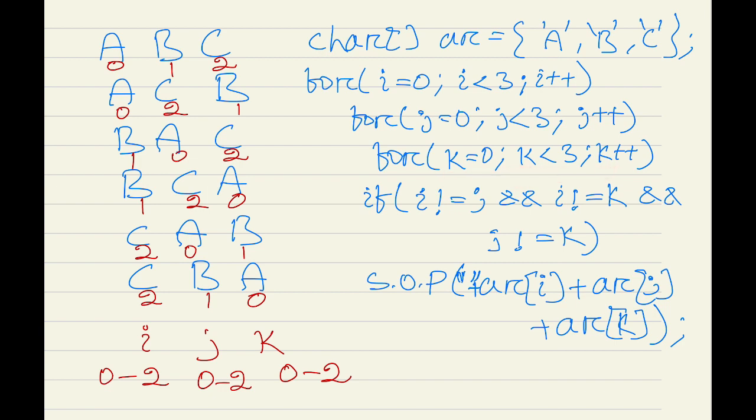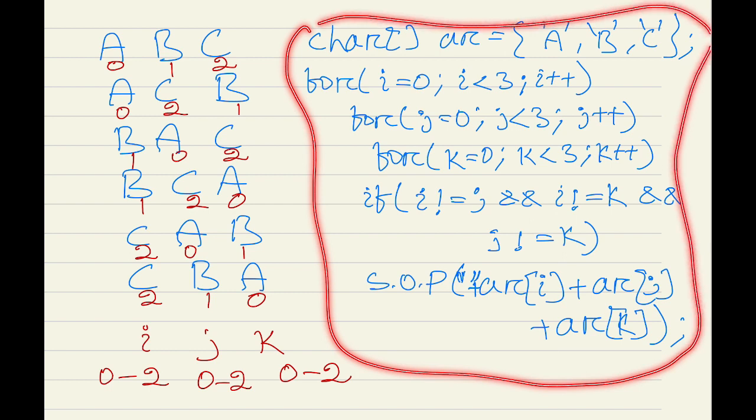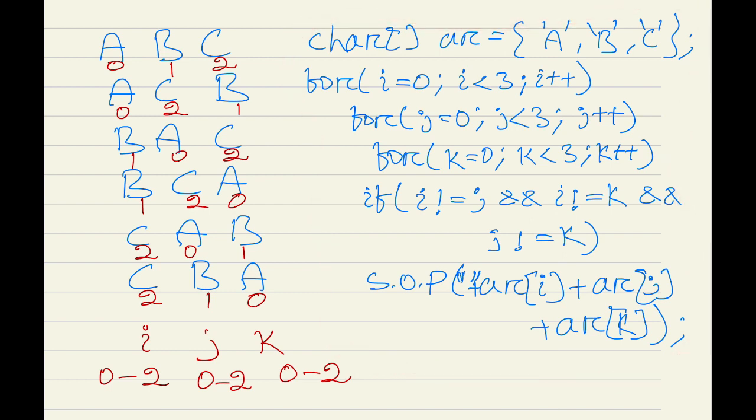And here also you need to add one condition, and print AR of i plus AR of j plus AR of k plus AR of m. So I hope this one is clear to everyone. Now we will see the implementation of it.